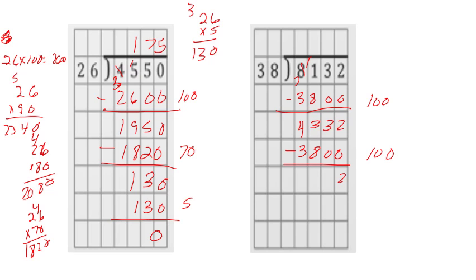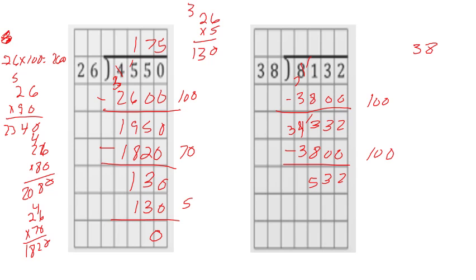And now we have 532. Well, if this was 40, I know I'd be able to get about 12 out of it, or more than 12. Let's try.